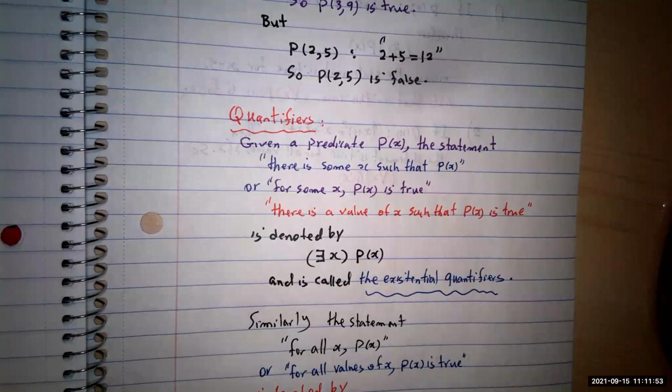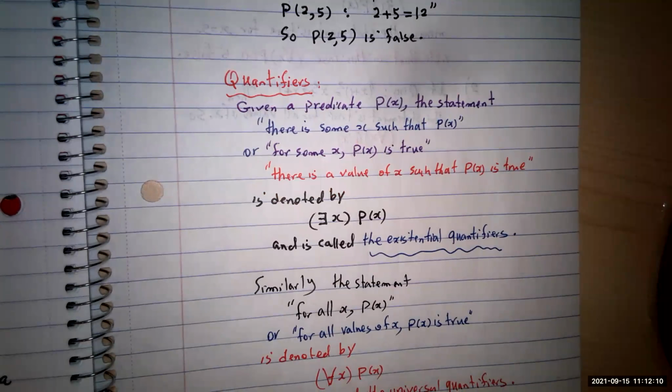If you replace the x by a number, there is going to be a statement. That statement can be true or can be false, so it depends on the x. So we create two famous cases, and we use something we call quantifiers. It depends for how many values of x this predicate p of x is going to be true or false.